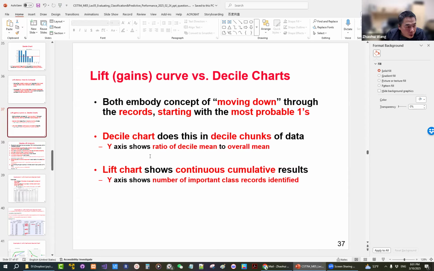Yeah, the lift chart can be continuous value. The horizontal axis goes from 0 to 1 for the probability. And at every point, there can be an infinite number of points. But this chart does not have this. It has only a certain number of chunks.